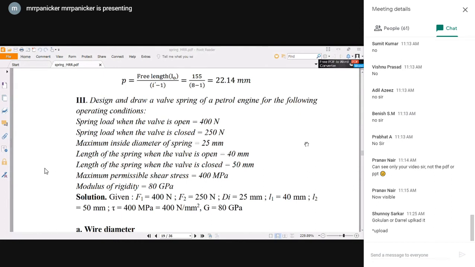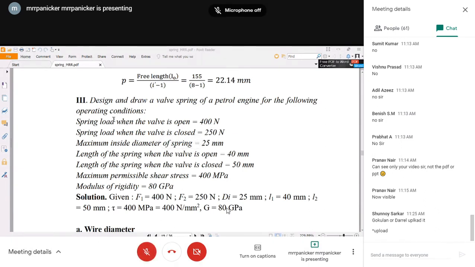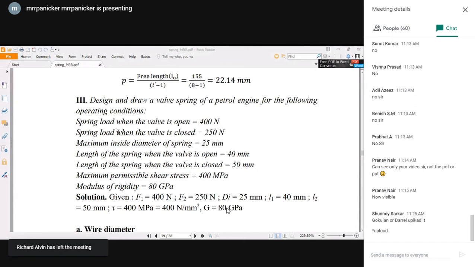So this is the loading condition. You can see loads are there. Spring load, when the valve is closed. This you just underline: maximum inside diameter of spring.